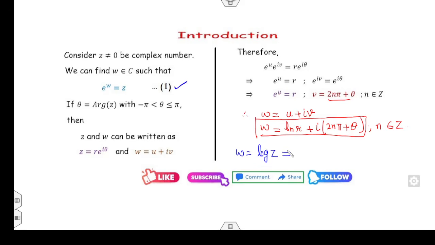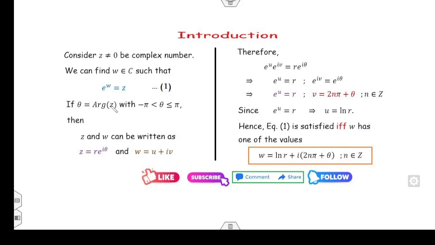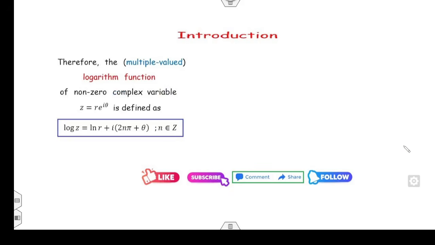So that means log of z is nothing but log of r plus iota into 2n pi plus theta, where theta is the principal argument of the complex number z. So based on this equation number 2, I can define the complex or multi-valued logarithm function as here.